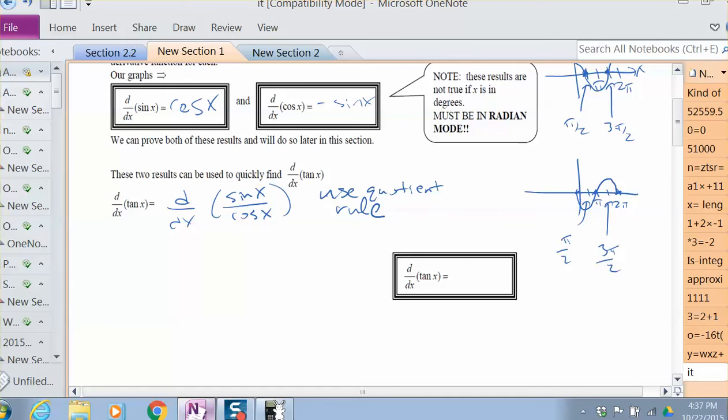Basically, you're going to take the derivative of the top, which is cosine x, times the bottom, which is cosine x, minus, that's right, minus the top times the derivative of the bottom, which is negative sine x, and then divided by the bottom squared.